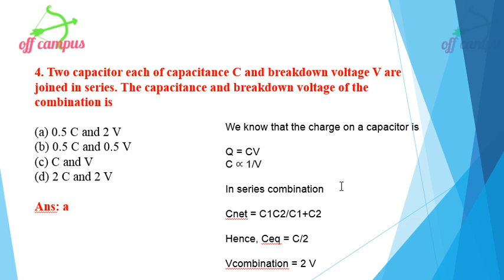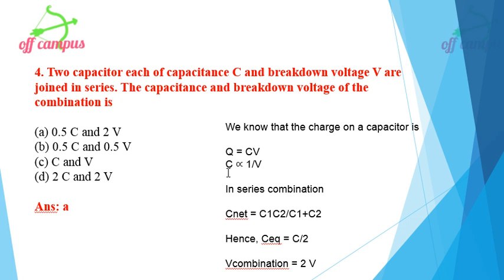So, in series combination, what is the equivalent or net capacitance? C1 C2 divided by C1 plus C2 in case of capacitors. What is given? 2 capacitors, each of capacitance C. So, C into C divided by C plus C, what will be the equivalent capacitance? Equal to C by 2. So, this is the net capacitance value C by 2.